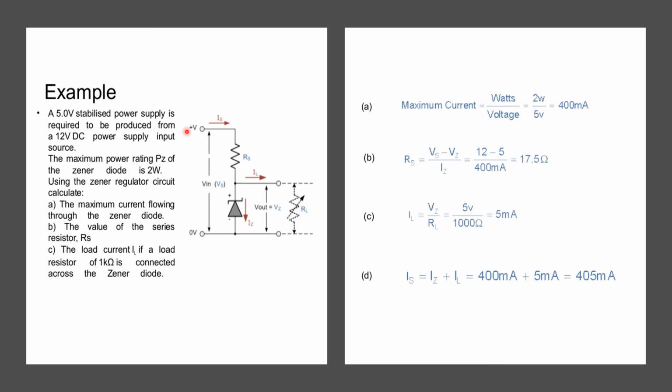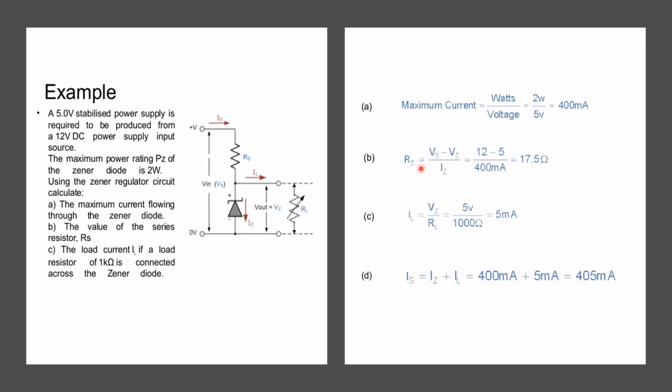The voltage they requested is 5 volts, so output needs 5 volts. The input supply, plus V and 0 volts, is a 12 volts DC supply. So the input is 12 volts, but we need 5 volts at the load. So now we understood that the maximum current is 400 milliampere.